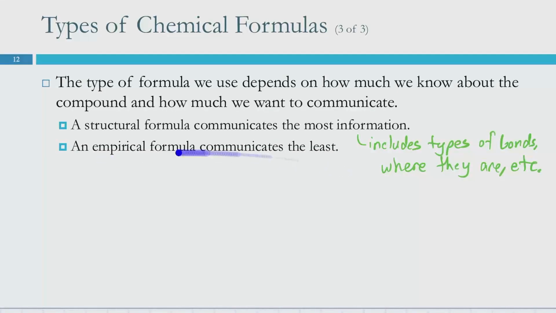An empirical formula is going to communicate the least because it just gives us a relative number of each of our elements to each other. It doesn't give us the actual number, just the relative number of atoms.